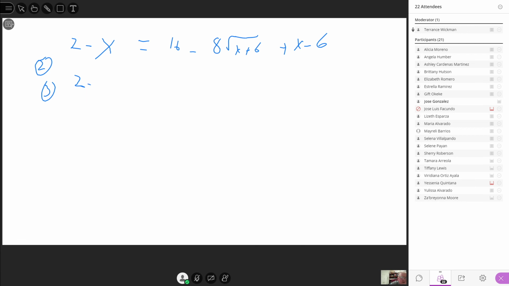We'll keep the 2 minus x. What terms can we combine on the right-hand side? 16 and negative 6. Yeah, we made a mistake, so it should be 10. Minus 8 square roots of x plus 6.